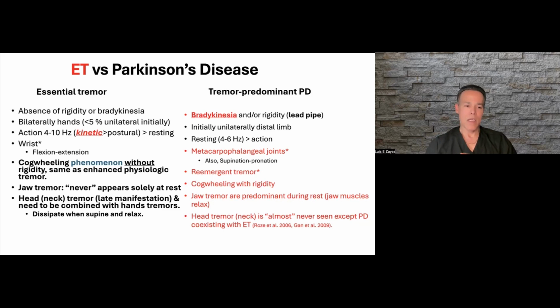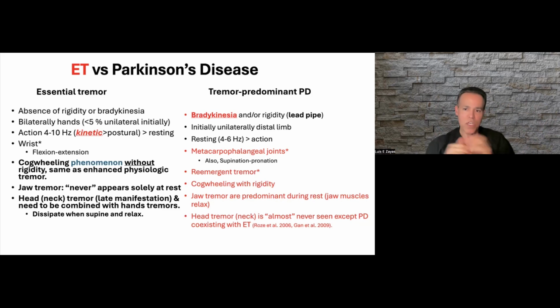Now, head. Head tremors, you see that in essential tremor. It's a late manifestation, most common in females, but I don't want to talk about statistics, because when you see a patient in the clinic, it's just one patient. These apply when you see patients as a large group, which is not your case, because you are seeing one patient in your clinic and that's it.